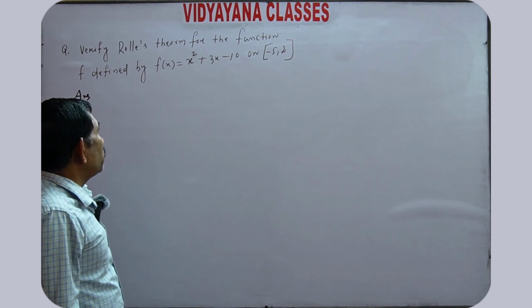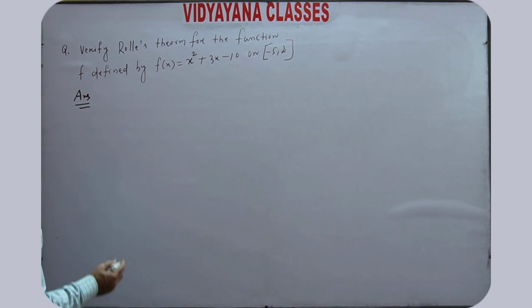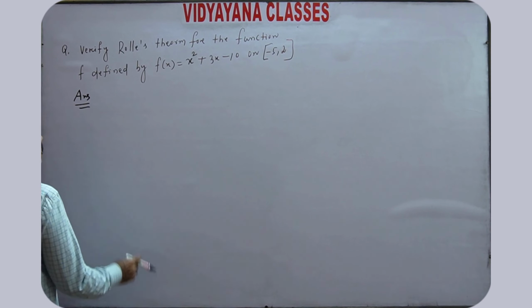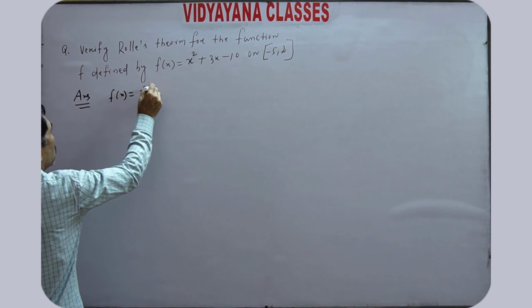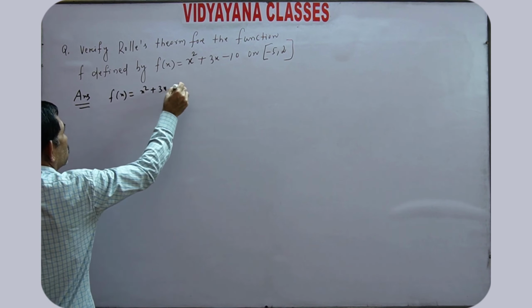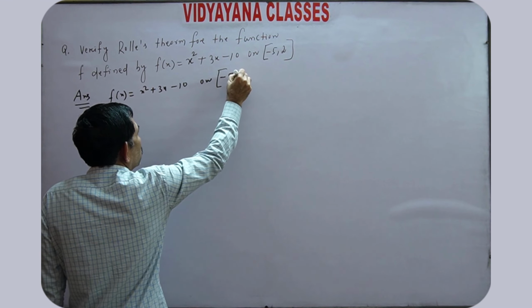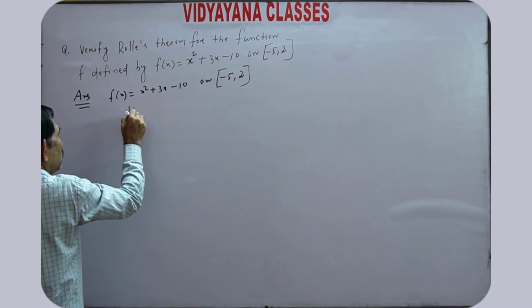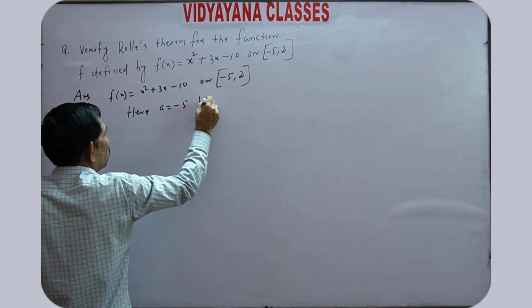Verify Rolle's theorem for the function f defined by f(x) is equal to x square plus 3x minus 10 on the closed interval minus 5 to 2. Answer: f(x) is equal to x square plus 3x minus 10 on the closed interval minus 5 to 2. Here a is equal to minus 5, b is equal to 2.